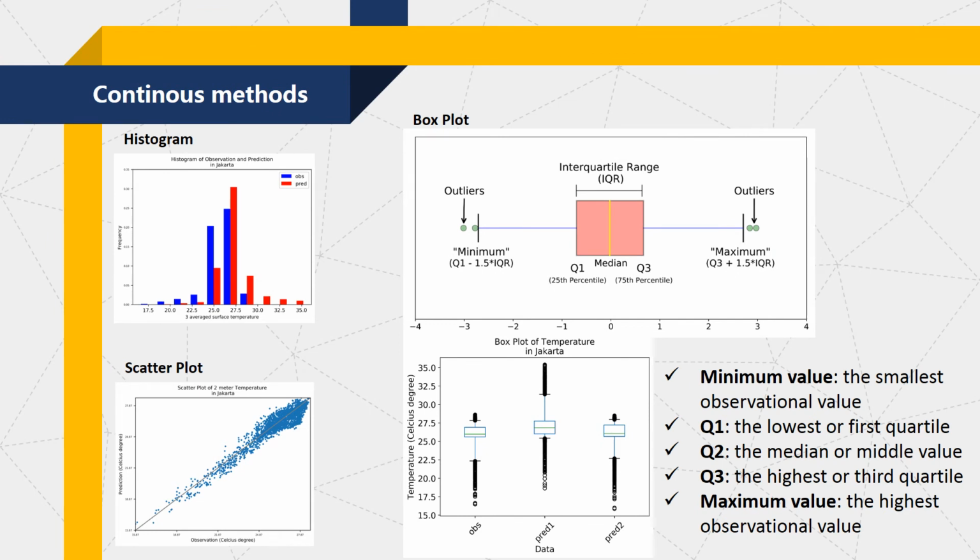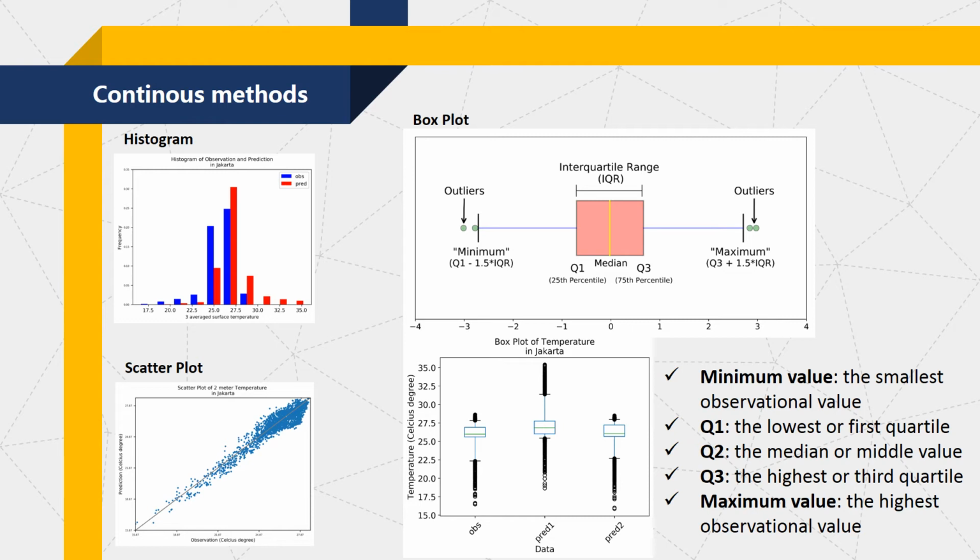Well, this is about the other methods if we have continuous data and we use continuous methods to verify this data. The first is histogram. For continuous or numerical forecast, the data distribution is noticeable. This forecast distribution shows its forecast characteristics, thus it could be compared against observation data to obtain the distribution trend differences.